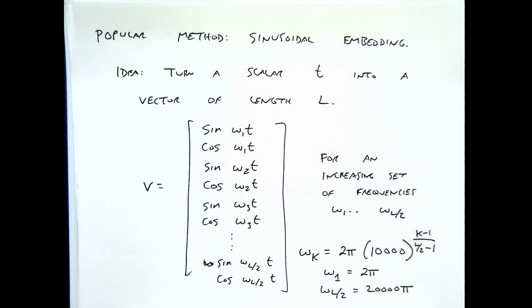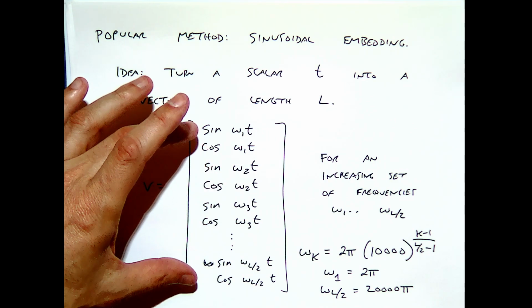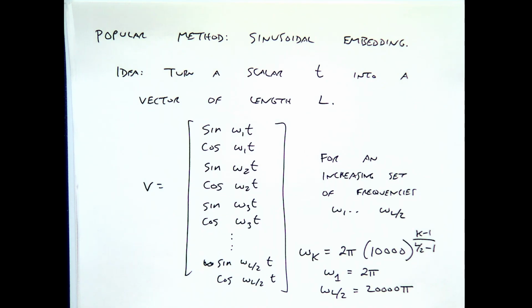The increase from the first omega to the last omega is definitely nonlinear. I'm not spacing these out linearly; I'm spacing them out in a logarithmic or exponential way. The other thing I'm going to say is that the mapping between the scalar and the set of sinusoids is unique.